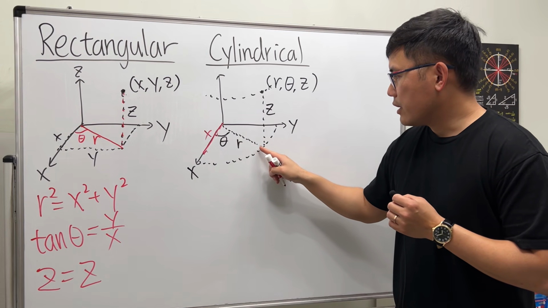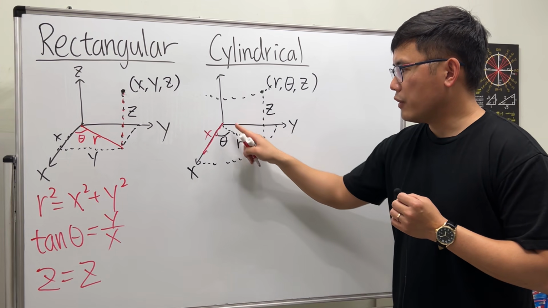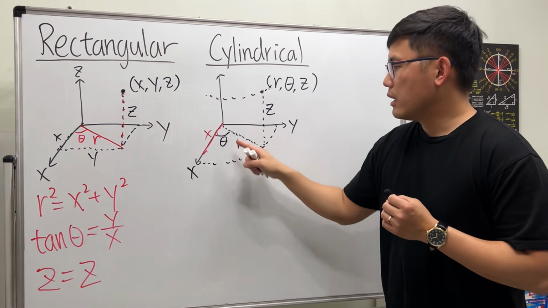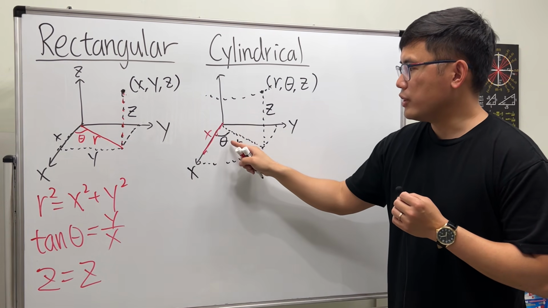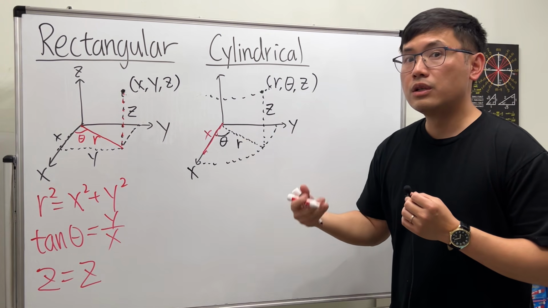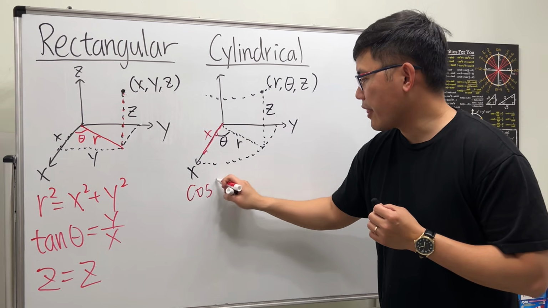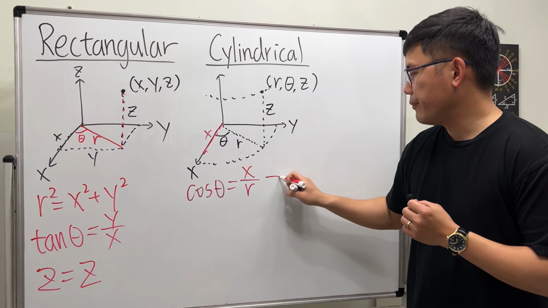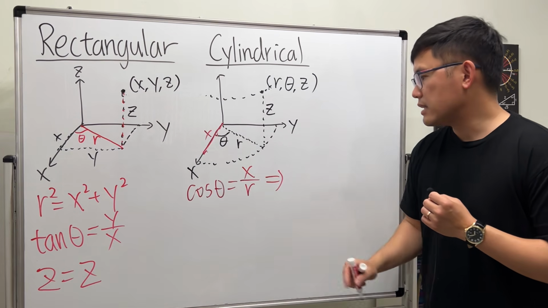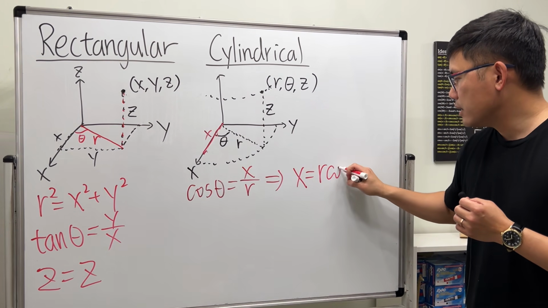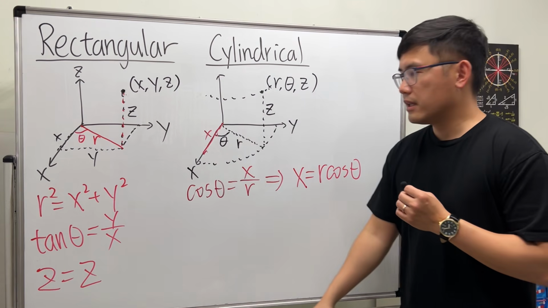If you look at this right here, this is the hypotenuse of this triangle, just like what we did earlier. Hypotenuse, and the x is the adjacent corresponding to the theta, so we can use cosine. So we can say cosine theta equals adjacent over hypotenuse. And then if you want to get x by itself, just multiply r on both sides. So x equals r times cosine theta.